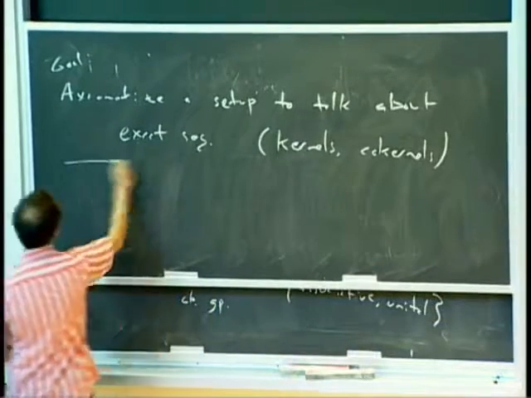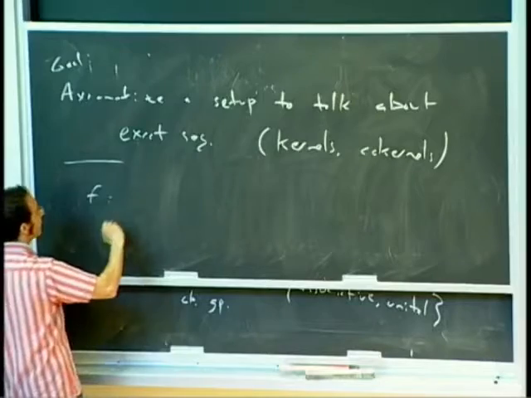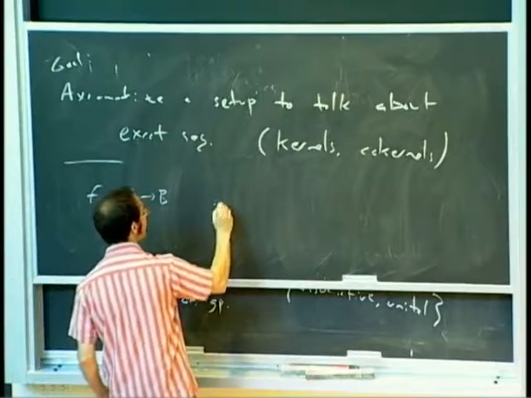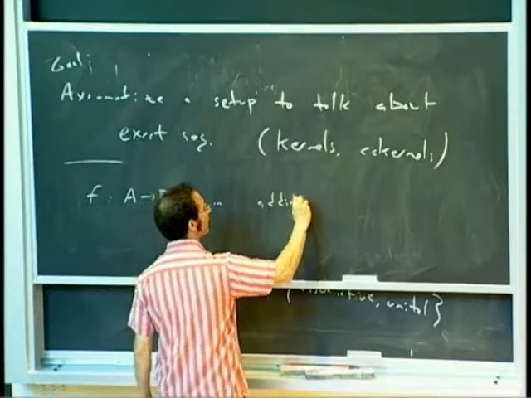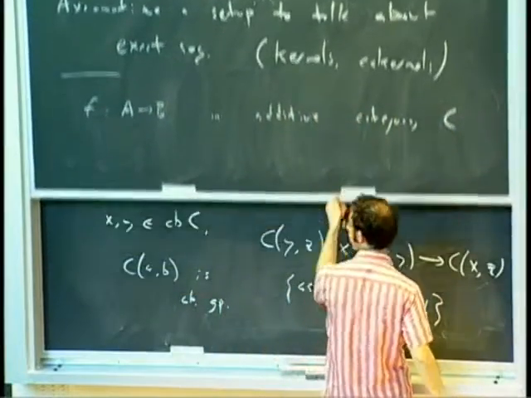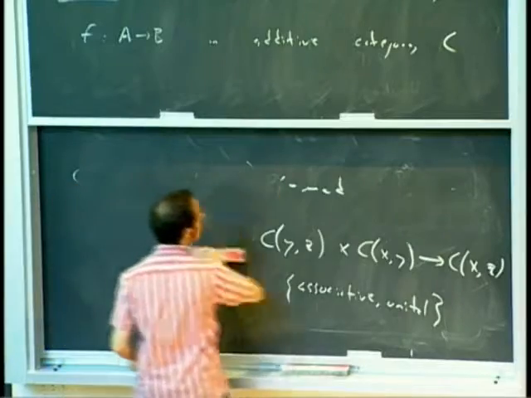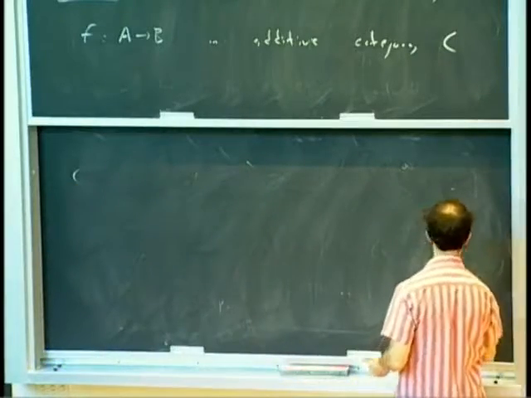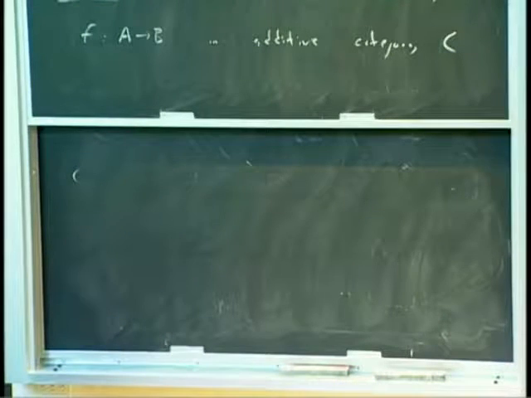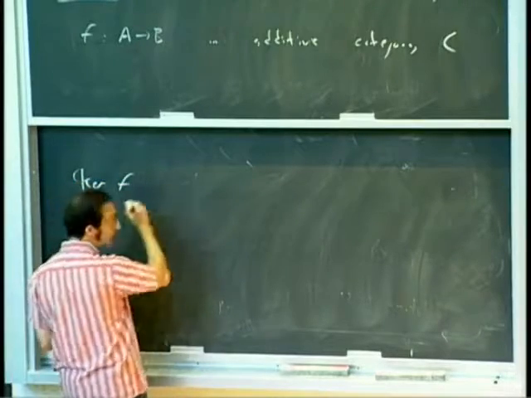So let's make a definition. If I have f from A to B in an additive category, let's call it C, and let me make sure I write this properly so I don't screw this up. The kernel of f, if it exists, right?